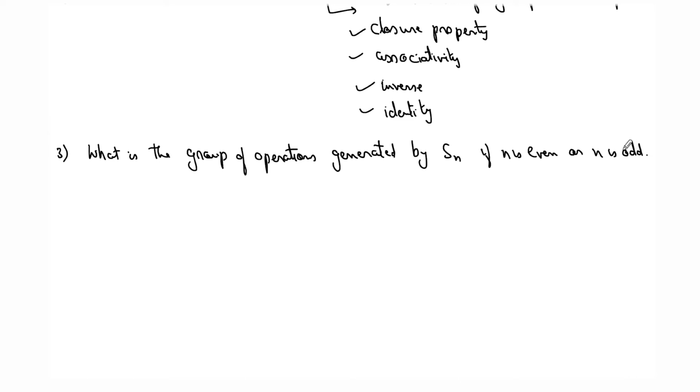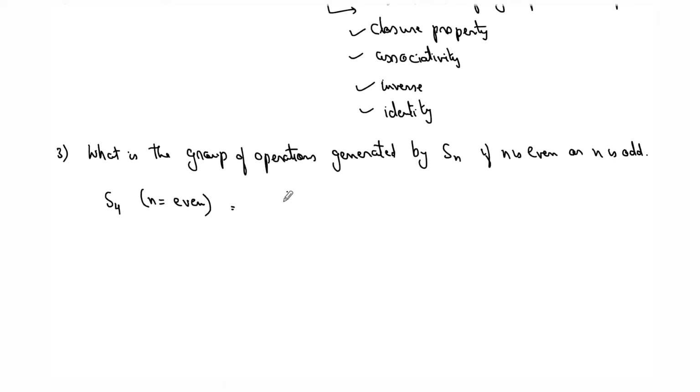Let us take each of these cases with an example. Let's say n is even. So let's consider S4. Now what are the operations that will be generated?